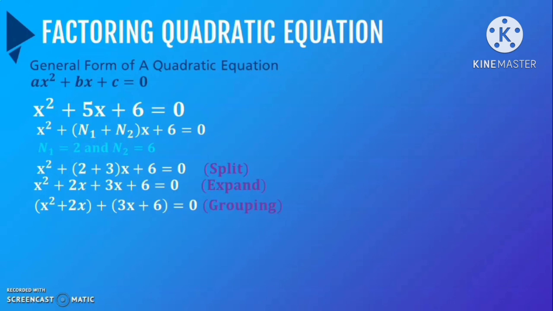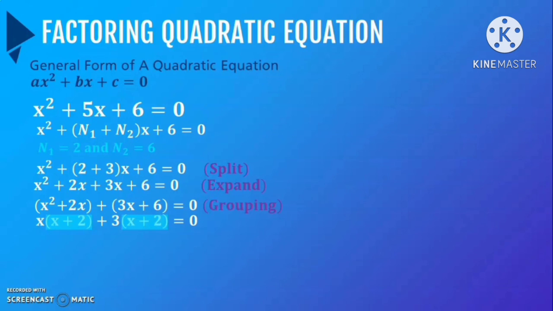And how does grouping help? We look for a common term in each group. In the first group, x is common, and in the second, 3 is common. So this can be written as x times x plus 2 plus 3 times x plus 2. Now in this polynomial, x plus 2 is common to both terms.